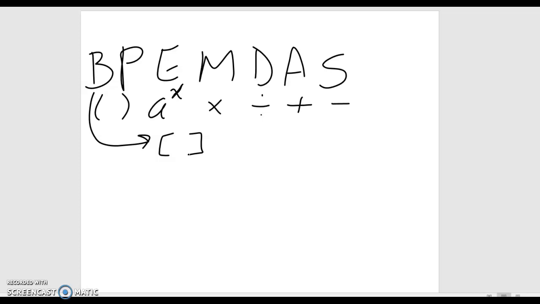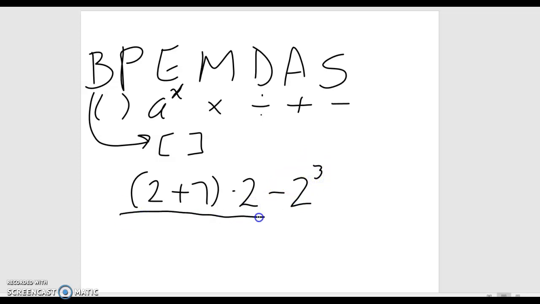Here is our problem. We have 2 plus 7 times 2 minus 2 to the third power all over 10 plus 9 squared plus 3 squared.